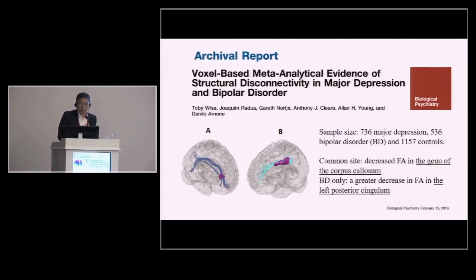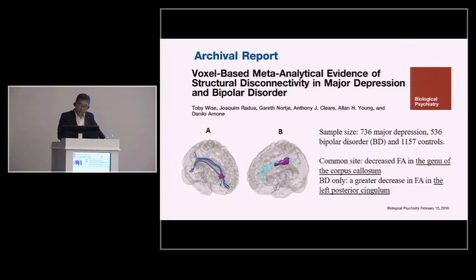Of course, voxel-based analysis is very important, and some groups try to differentiate bipolar disorder and unipolar depressive disorder.